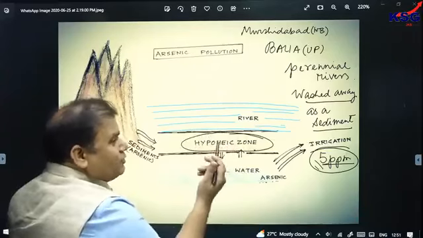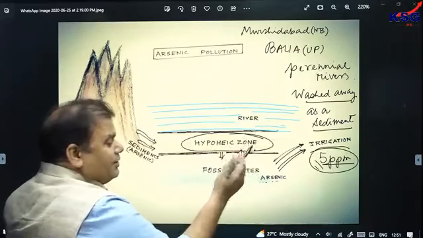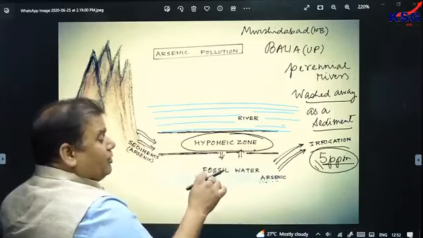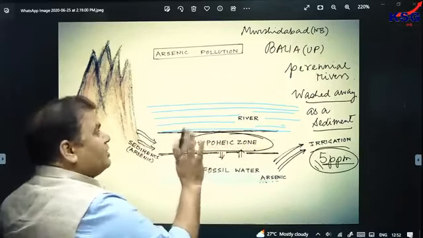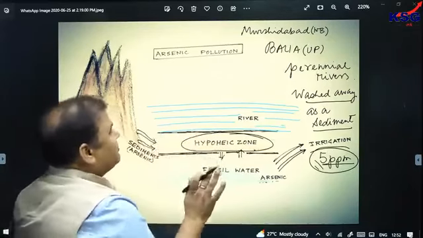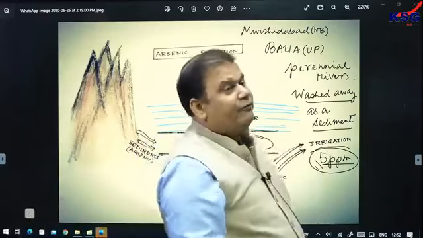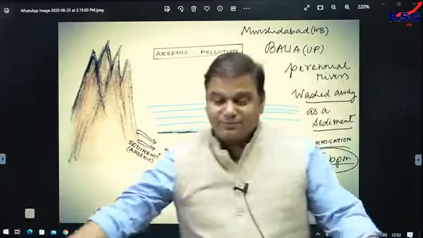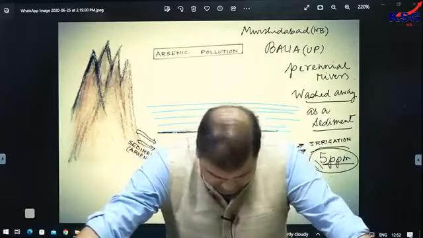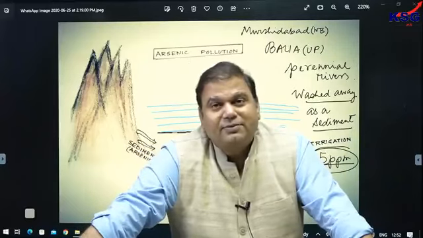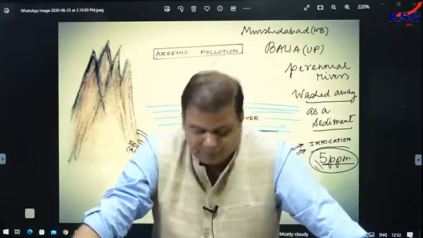According to WHO, above 45 decibels is noise pollution, but in India, the government says that above 80 decibels is noise pollution.